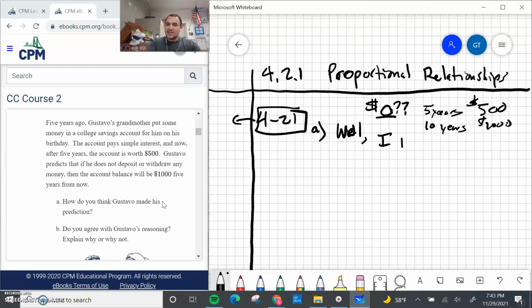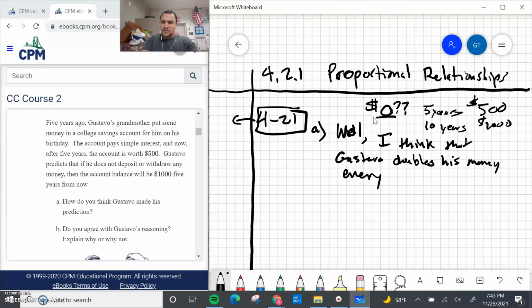Well, so I think that Gustavo, and please try to write as wide as possible, I don't have that much room over here. Well, I think that Gustavo doubles his money every 5 years.